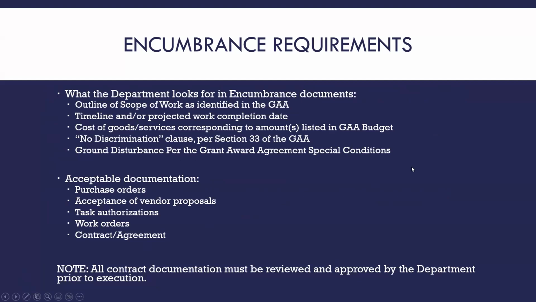So what we look for is to make sure that the scope of work that is in your contract with your contractor or your engineer, your architect, is the same scope of work that you have in your grant award agreement, that you have a timeline or a projected completion date, that the costs of the goods and the services in the contract match what is in the budget in your grant award agreement, that you have a no discrimination clause, which is in section 3 of the grant award agreement.